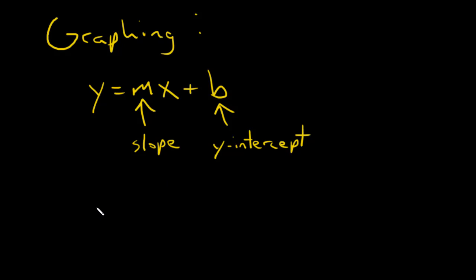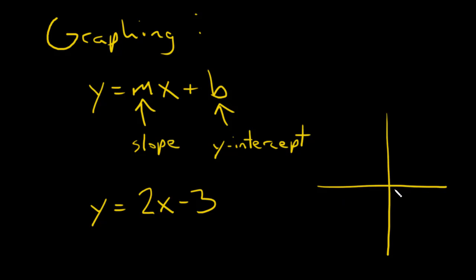So if I have something like maybe y is equal to 2x minus 3, well, if I have a graph, 1, 2, 3, 1, 2, 3, 1, 2, 3. Alrighty, so where does this hit the y-axis? Well, it hits at -3, so I'll put a dot down at -3. And then I use the slope to tell me where the next dot is.